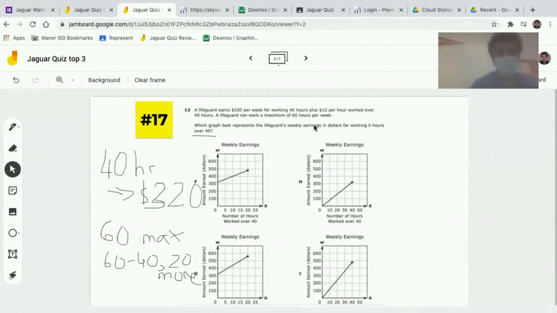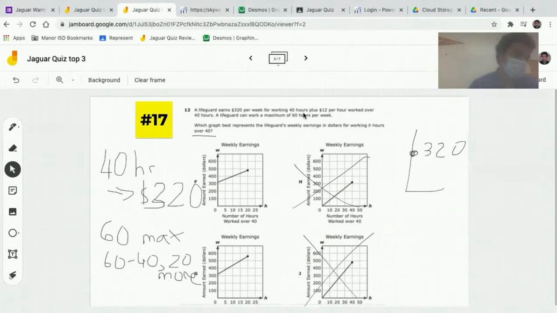So we're already assuming he worked 40 and got his initial 320. So the y-intercept should be at 320. So we should have a graph that has 320. So we can eliminate answer choice H already, and the answer choice J. And so y-intercept is not correct here. So it's either between F or G.